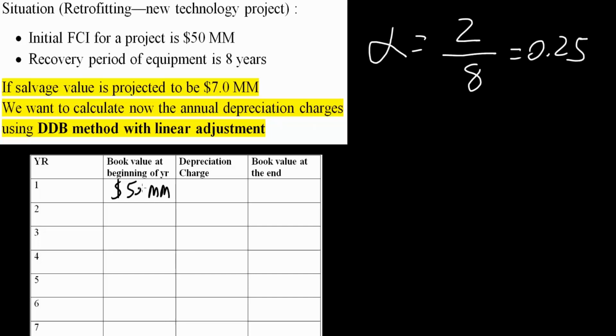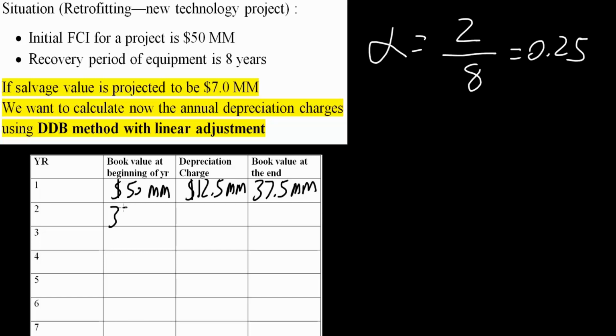So we would do 50 times 0.25 to give us 12.5 million for the depreciation charge. And book value at the end, you simply do book value at the beginning minus depreciation, and we would get $37.5 million.